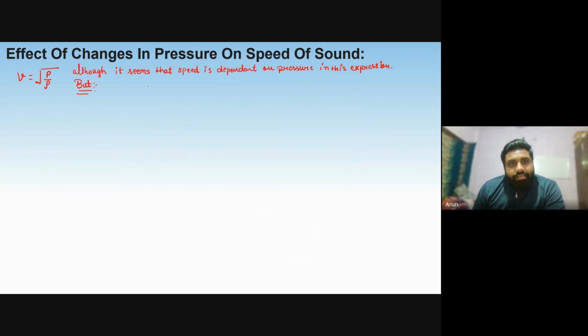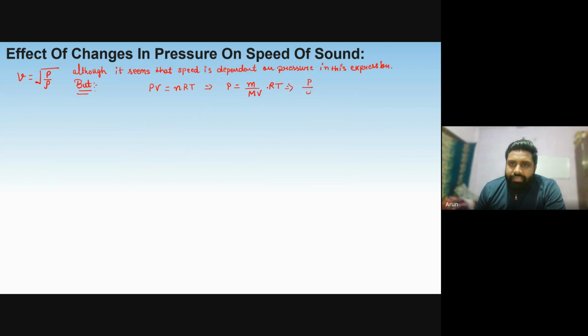Now we can write that PV is equal to nRT, where n is the number of moles. So P is equal to (small m upon capital M) into V into R into T. Now this small m upon capital V is the density of the gas.